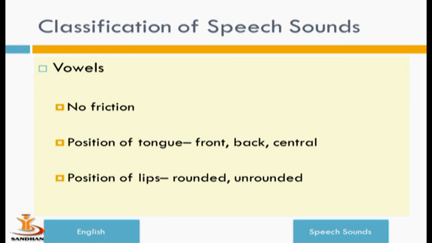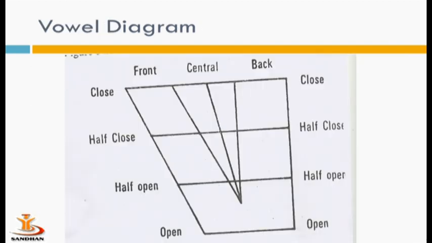In the classification of speech sounds, we also have to talk about the position of the tongue, the front, the back, or central. We have to talk about the position of the lips, whether it's rounded, unrounded, or neutral. So, this is a vowel diagram. There is a front, a central, and a back of your mouth. There is a close, a half open, and an open.